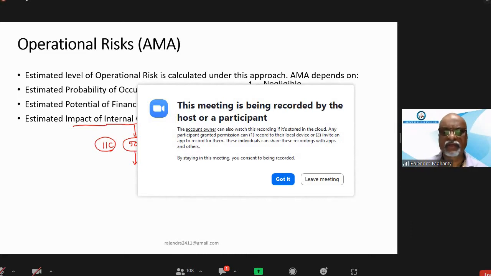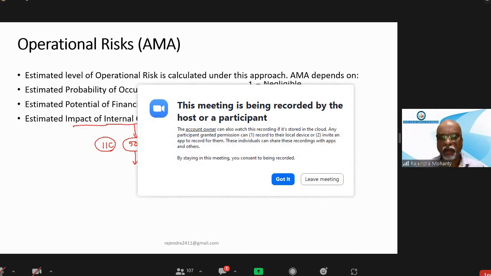Okay, but it is very difficult for a bank to say that it can control 100%. It is impossible. So worldwide, Basel has given a basic cap that the impact of internal control cannot exceed 70%, because 100% would be applicable only in an emergency or exigency time.